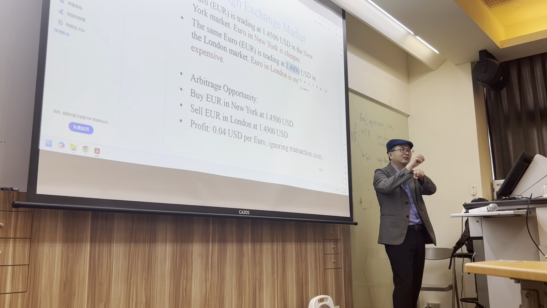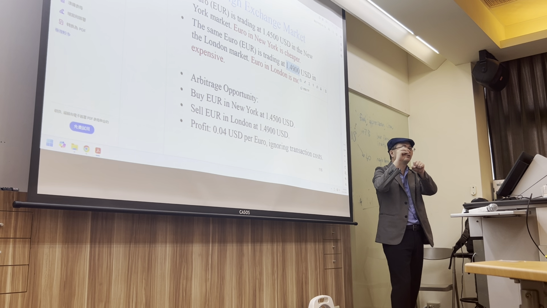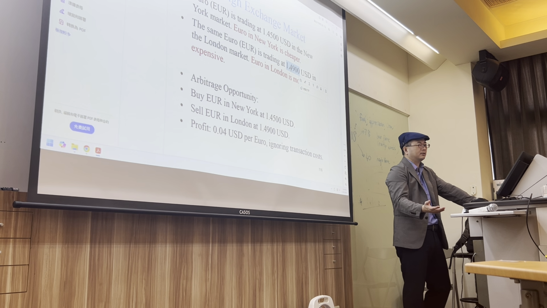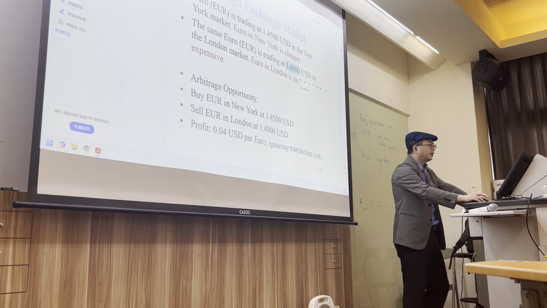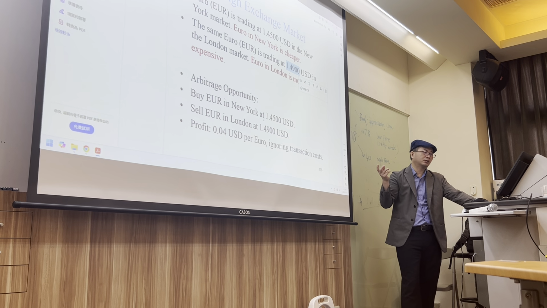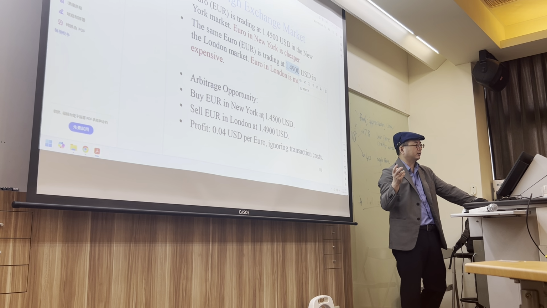And then you can see there's a price difference. When you see 1.45 and 1.49, there is clearly a difference. Then you can think about how you can pocket the profit. It seems like there exists an arbitrage opportunity for you as a trader. You could buy the euro in New York at 1.45 USD, and then sell the same euro in London at 1.49 USD.